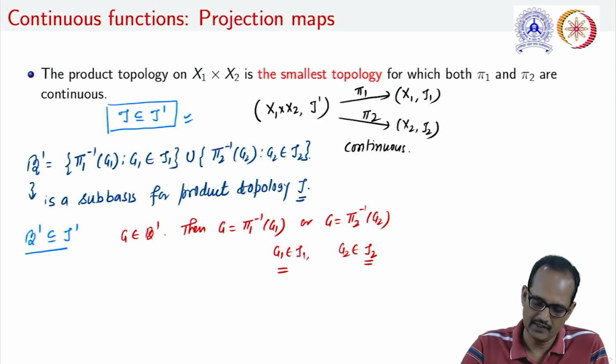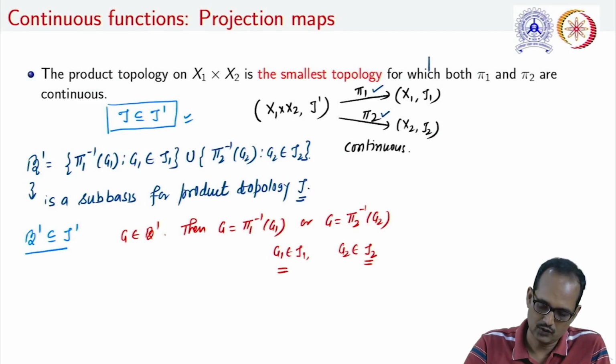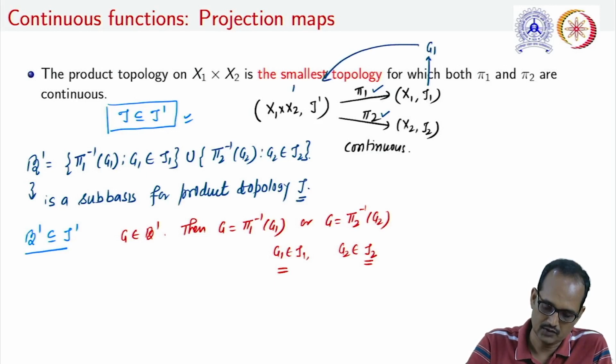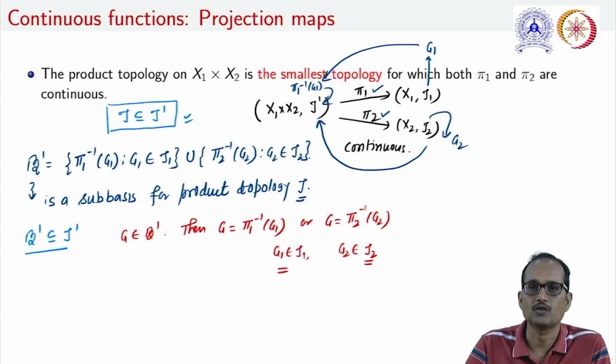But note that as pi 1 and pi 2 are continuous, if we are taking any g1 from here, its inverse image, that is pi 1 inverse g1, will be a member of tau dash, and in the same way if we are taking any g2 from tau 2, this pi 2 inverse g2 will also be a member of tau dash.